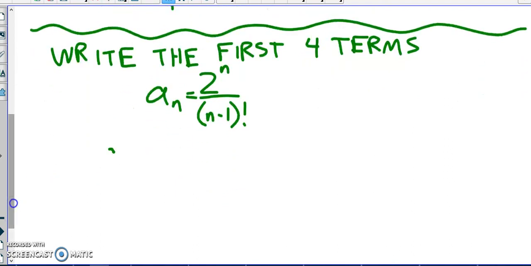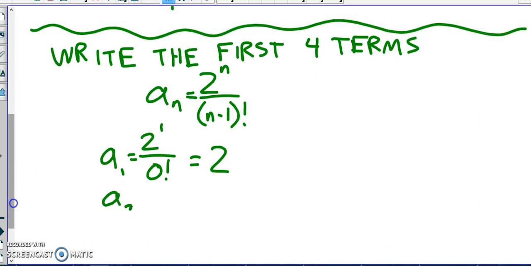So A1 would be 2 to the first over 0 factorial, which is 2. A2 would be 2 squared over 1 factorial, which is 4 divided by 1, so that's 4.